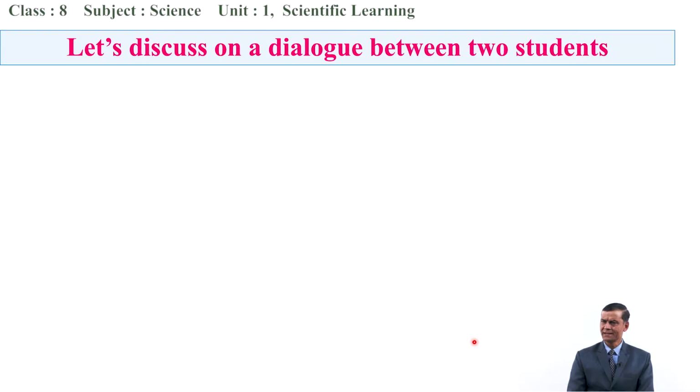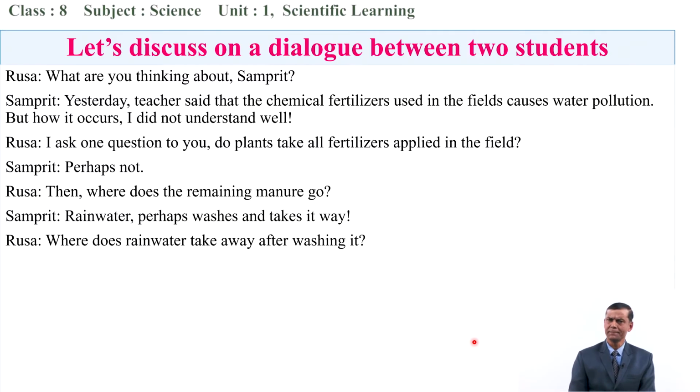Dear students, please check your textbook. There is a dialogue between two students. What is the dialogue about? Yes, the students are Rusha and Samprit. Let's discuss. One of you act as Rusha and another student can act as Samprit, and you discuss based on this dialogue.